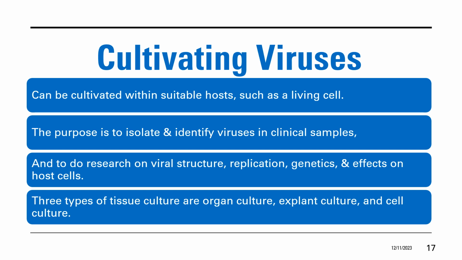If they put it on an agar in the right environment and watch it grow, they can differentiate. Another purpose is to do research on viral structure, replication, genetics, and effects on those host cells. Three types of tissue culture are the organ culture, the explant culture, and the cell culture.